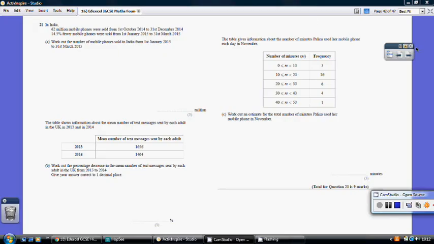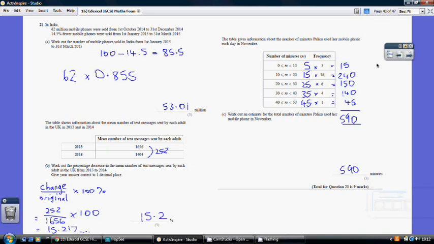Question 21. So we're told that 14.5% fewer mobiles were sold in the first 3 months of 2015. So 100% take away 14.5% leaves us with 85.5%.